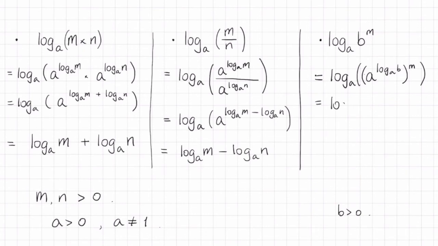So I can write log base a of a to the m times log base a of b. And again, that's just m times log base a of b. So what we notice is that if there's an exponent, it just comes down in front and gets multiplied. So those are my three log rules or laws of logarithm.